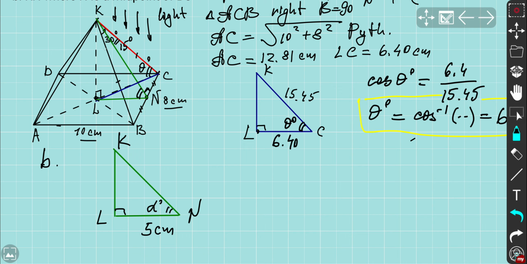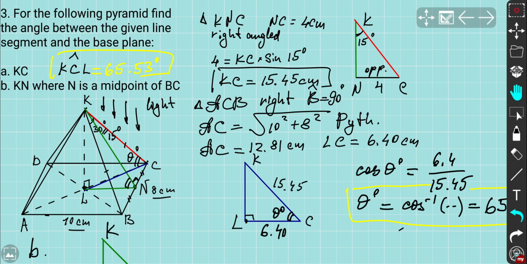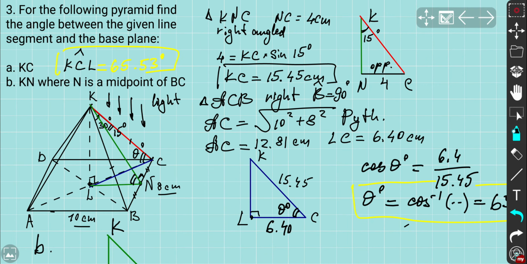Do we know the height now? Do we have KN? We don't know, but let's go back to triangle KNC, from where we know that side NC, we need to find KN. So just let's have a reference for quick.